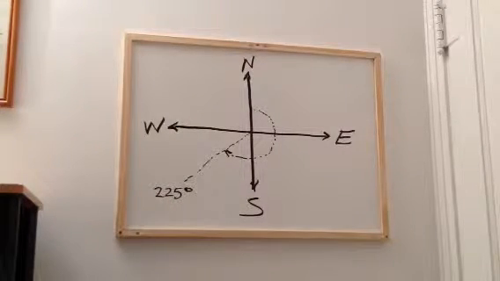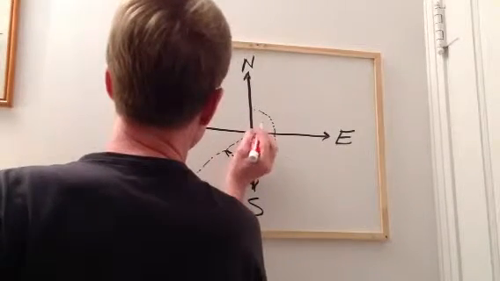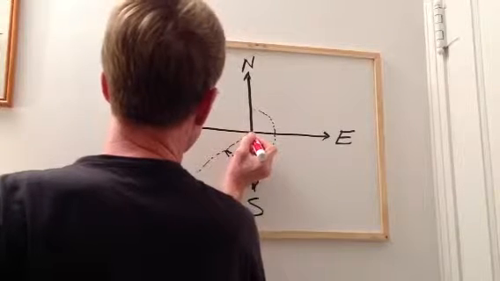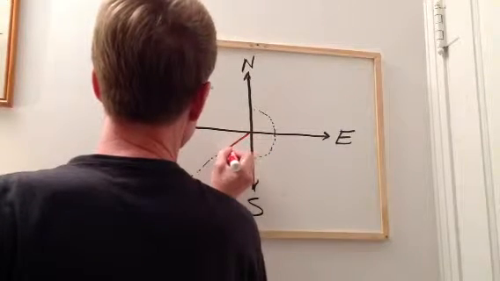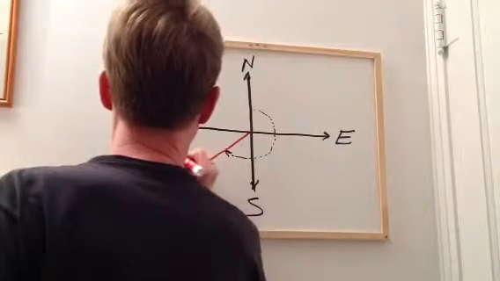Now suppose that we are driving on a highway at 50 miles an hour. 50 miles an hour is a little less than about 80 kilometers per hour for those of you who want to do metric. 50 miles an hour.